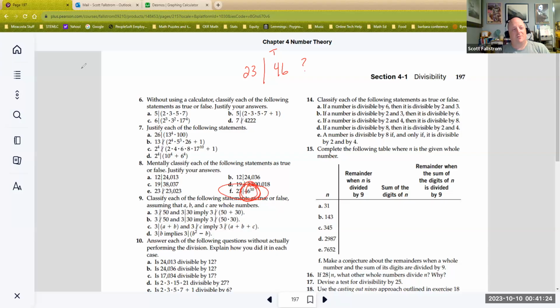Remember that if it divided 5, then it must divide 5 squared because 5 squared is simply 5 times 5. So how does 46 compare to 46 to the 10th? So that is my little tip on that one.